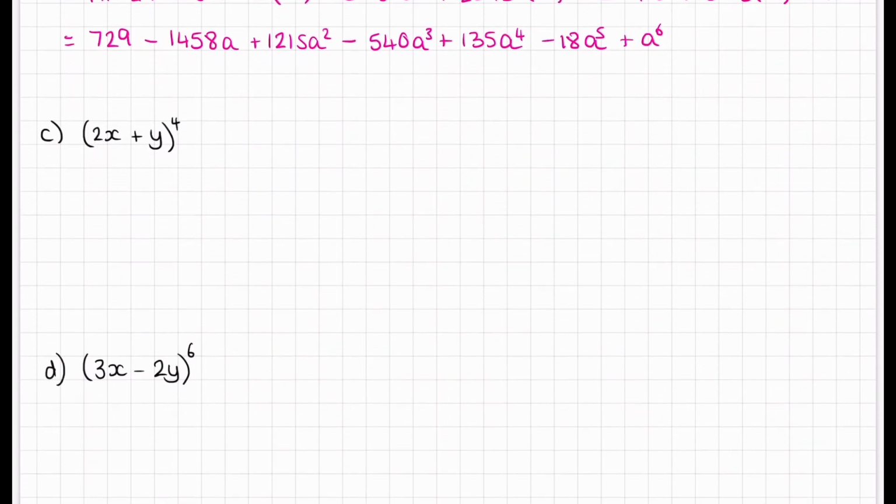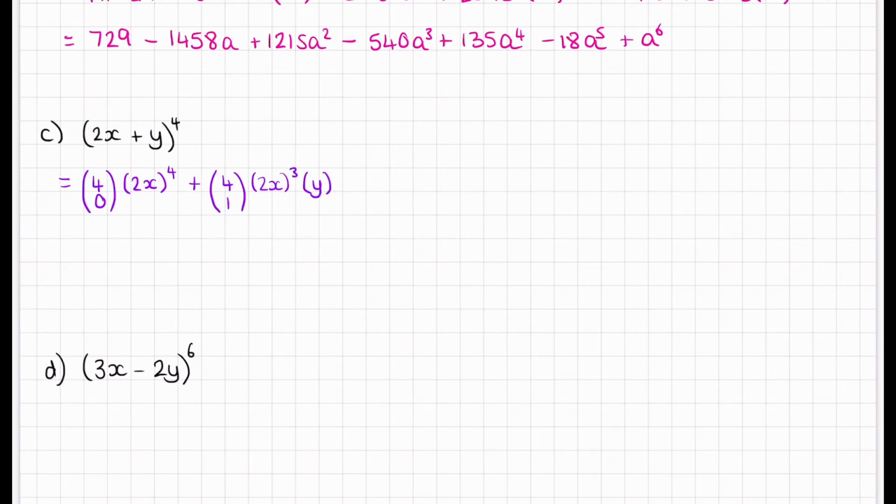So next one, we've got 2x plus y all to the power of 4. Do our pattern. So it's a power of 4, so it will just be 4, 0, 2x to the power of 4. The second term power is always 0 in this one, so we don't actually need to write it. And then we'll have 4, 1, 2x to the power of 3.